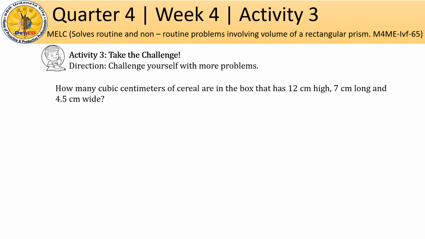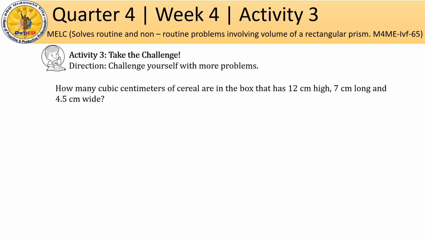So number 1, understand. So what is being asked in the problem? Very good. How many cubic centimeters of cereal are in the box? What are the given facts? So we have 12 centimeters high, 7 centimeters long, and 4.5 centimeters wide.